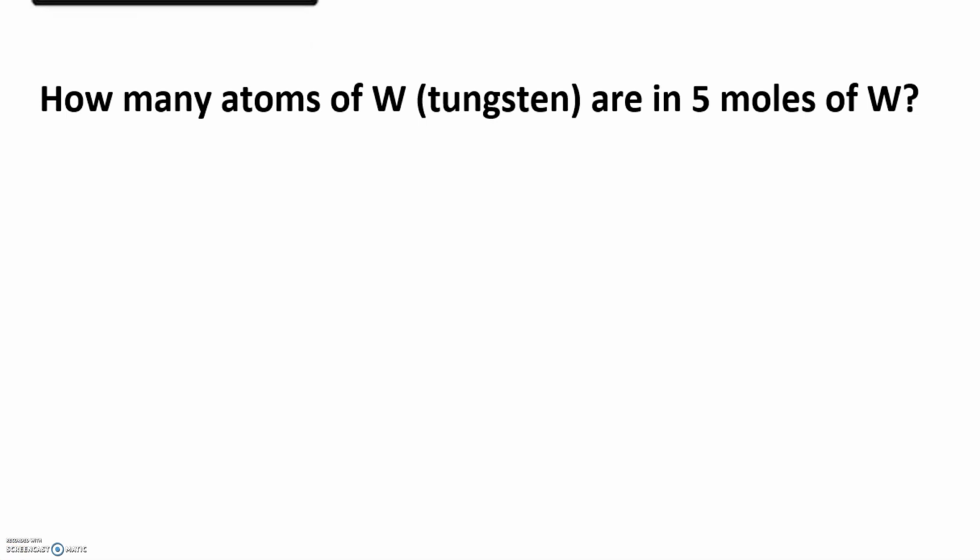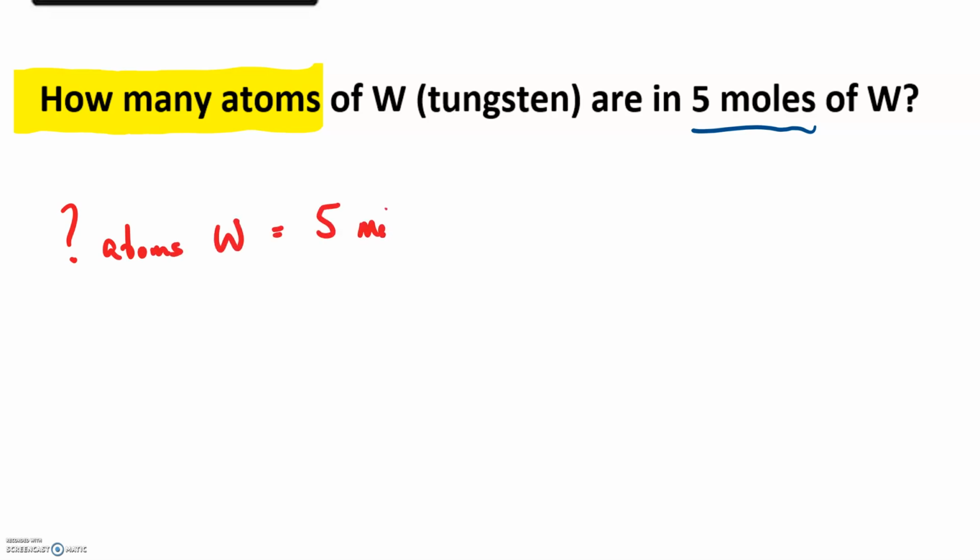So let's take this question. It's asking for how many atoms of tungsten are in 5 moles of tungsten. So we always want to establish what we're looking for and what they give us, because this is how we're going to construct our conversion factor. So we're going to ask how many atoms of tungsten are the equivalent of 5 moles of tungsten.